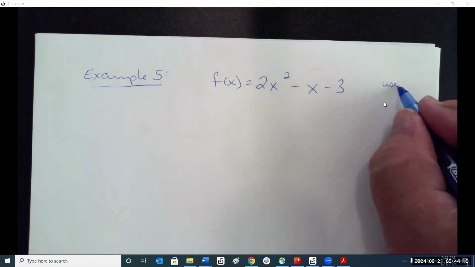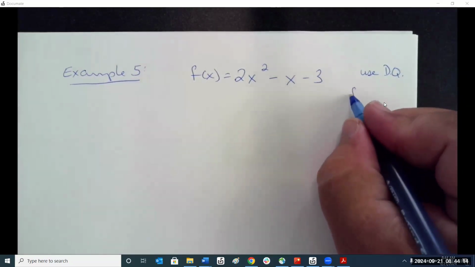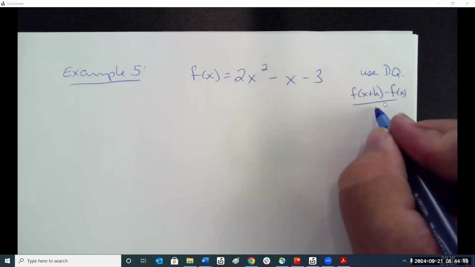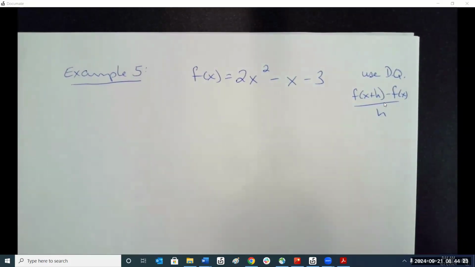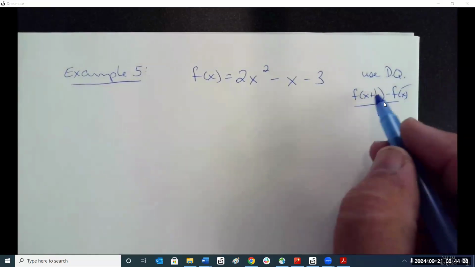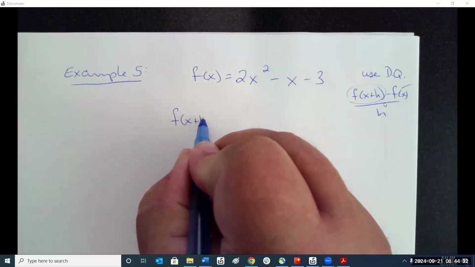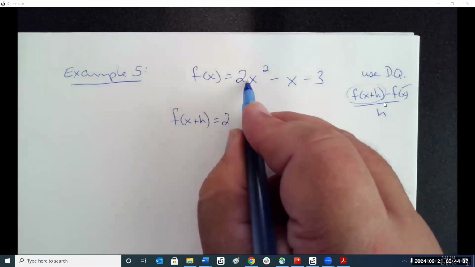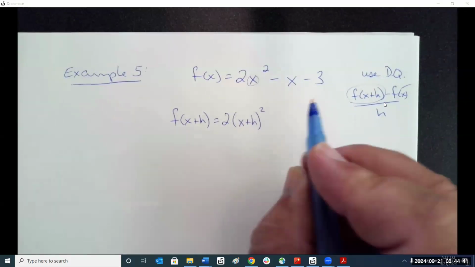Remember it says use the difference quotient, which is f of x plus h minus f of x over h. Get used to writing down the formulas over and over so it becomes ingrained in your memory. We have f of x, we need to find f of x plus h. So anywhere we see an x, we replace it with x plus h.